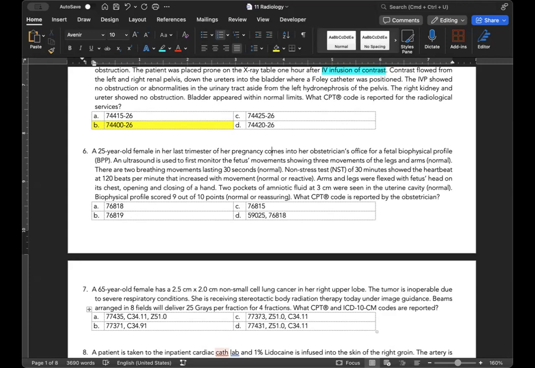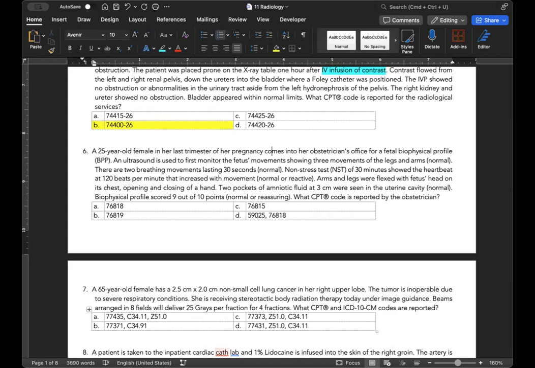The non-stress test of 30 minutes showed that the heartbeat at 120 beats per minute increased with movement, which is normal or reactive. Arms and legs were flexed with the fetus's head on its chest, opening and closing of a hand. 2 pockets of amniotic fluid at 3 centimeters were seen in the uterine cavity, which is normal. And then that biophysical profile scored 9 out of 10 points, which is normal or reassuring.